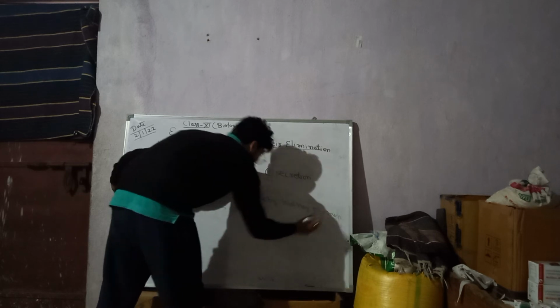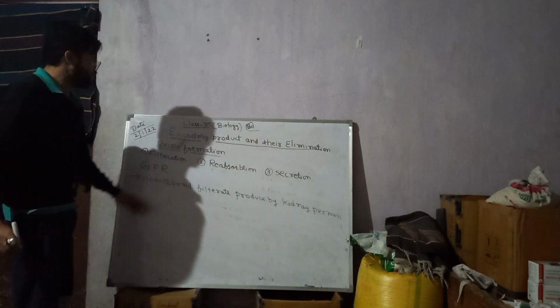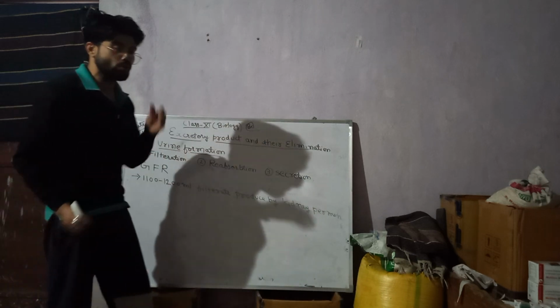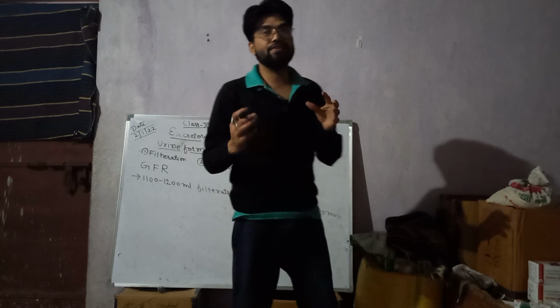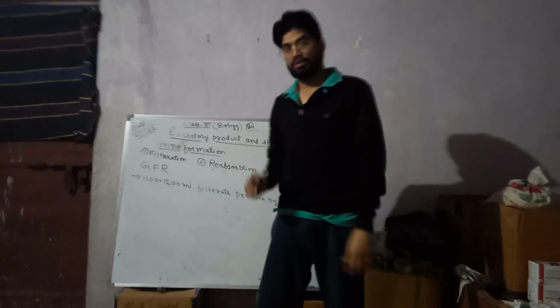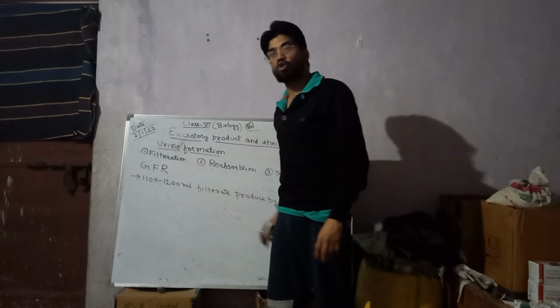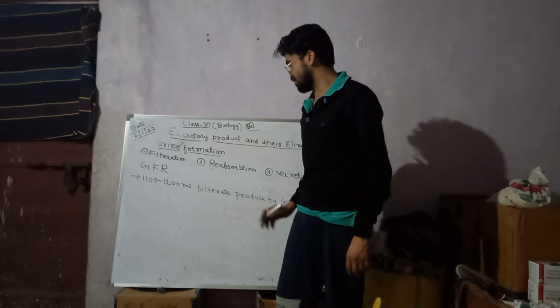Means in 1 minute 100 to 120 ml filtrate will be produced, and that filtrate will move to the nephron. This is the GFR, glomerular filtration rate.